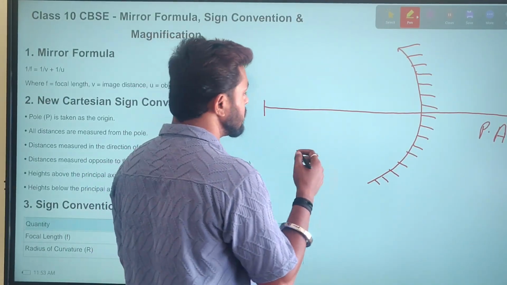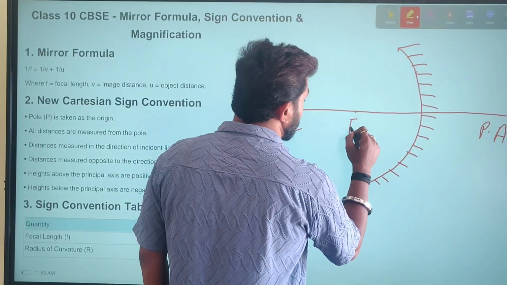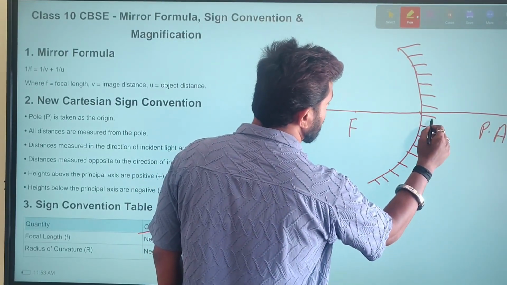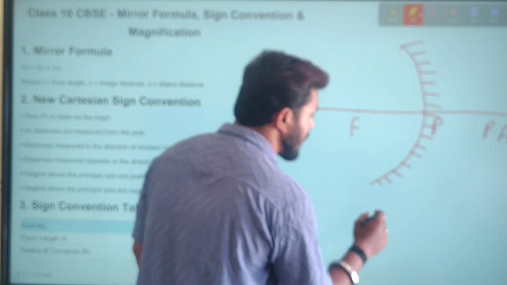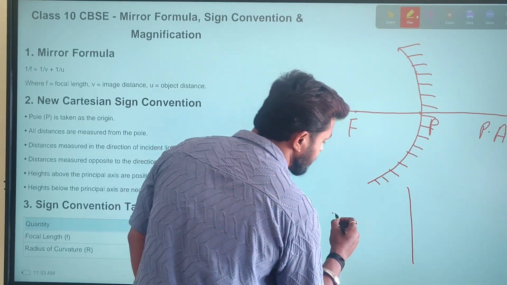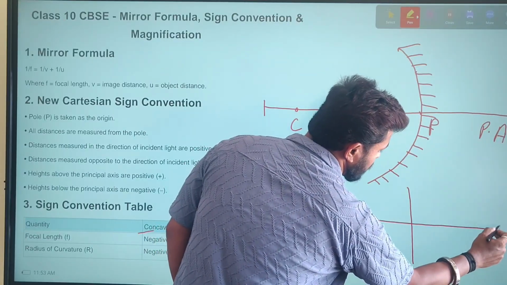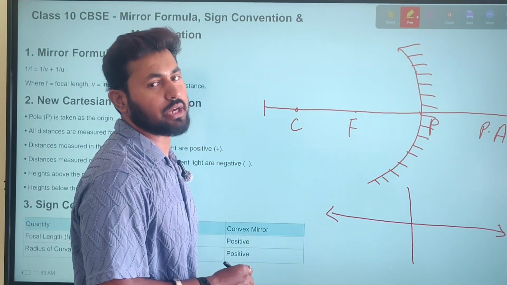Now let this be the center of curvature, this the focus, and this the pole. Below this I am also drawing one integer line, so that you will understand which one you should take positive and which one negative.